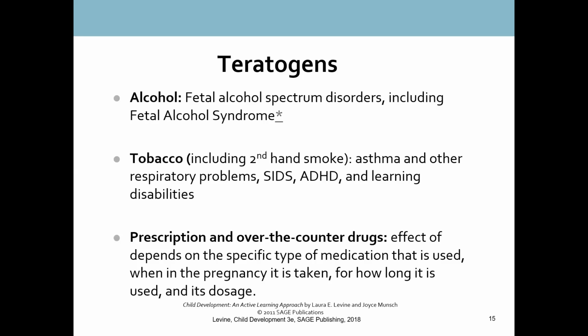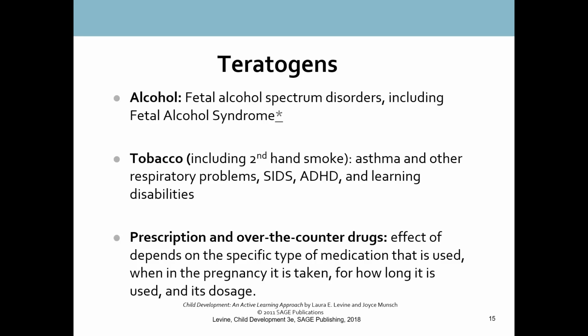Let me go through a few of the symptoms. For alcohol, it's called fetal alcohol spectrum disorders. When you see the word spectrum, just like in autism spectrum disorders, it means that there's a wide range of disorders in this spectrum, from less serious to more serious.